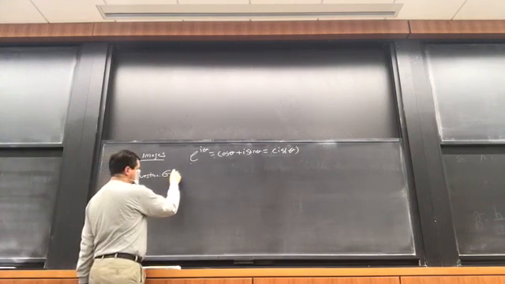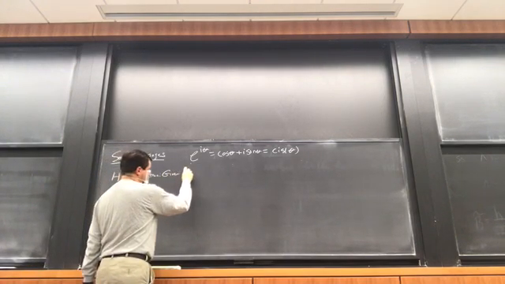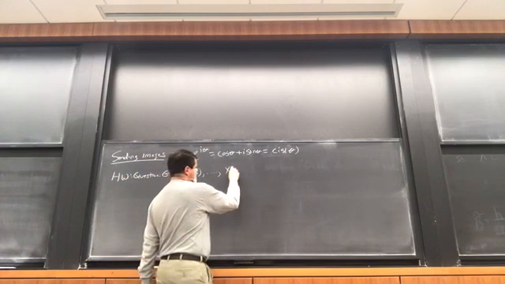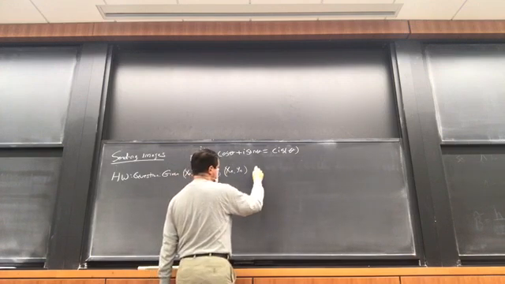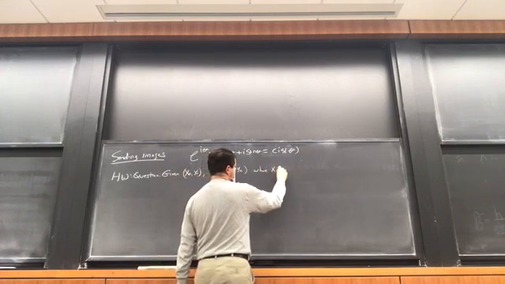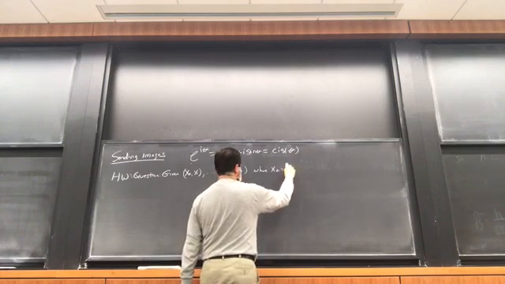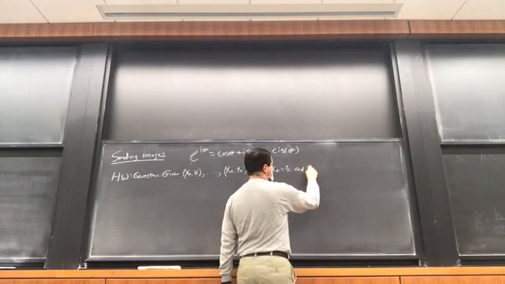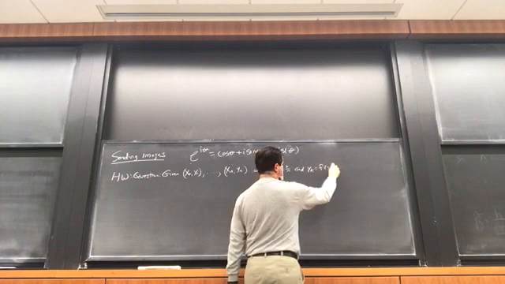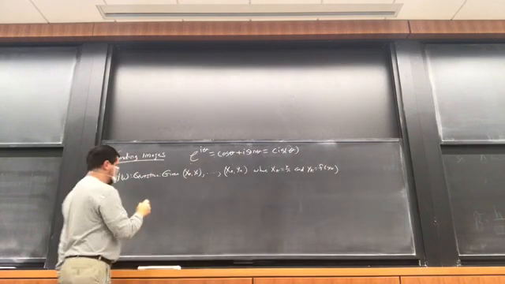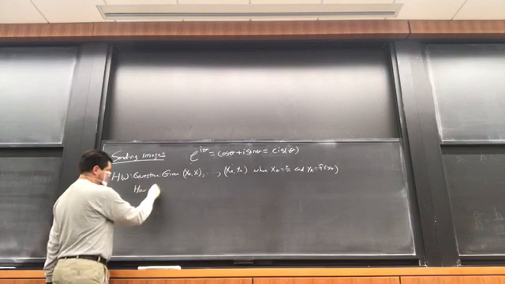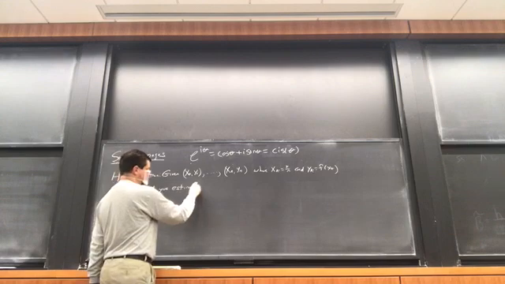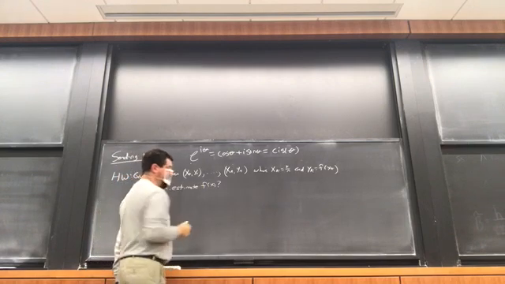So given, say, x0, y0, dot, dot, dot, xn, yn, where, let's say, xk is k over n, and yk is f of xk, how do you estimate f of x?